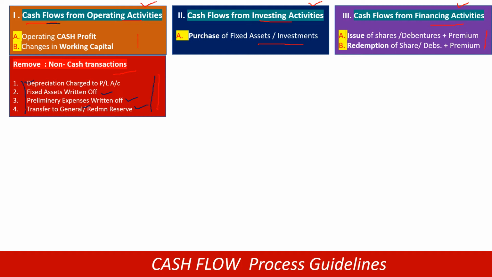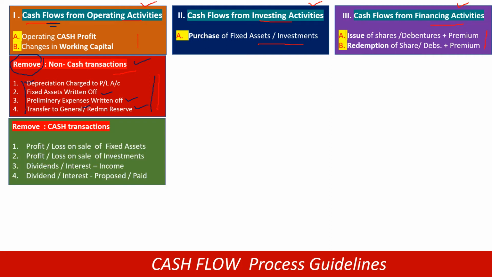Because we want them to not be there in our cash flow. Therefore, we are going to remove them. First step in cash flow preparation is to remove non-cash transactions from the profit and loss account, which are depreciation, write-offs of fixed assets, preliminary expenses, and transfers to and from general and redemption reserves. This is the first step.